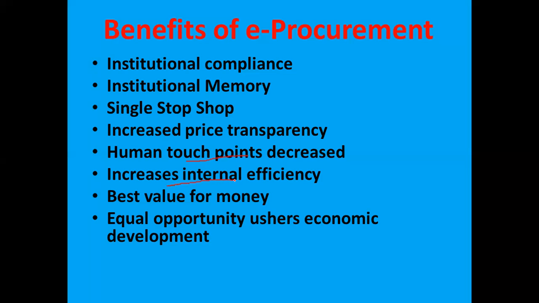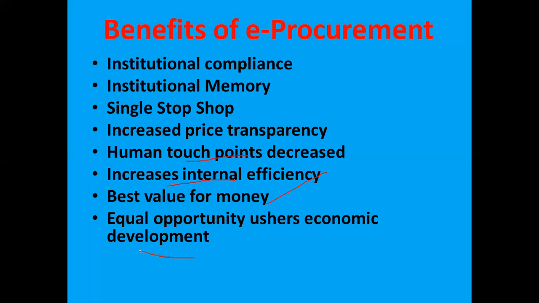Next, best value for the money. In the e-procurement process, you can see the exact rates, the discount rates, and the information will be transparent. When the information is transparent, automatically we can save our money and give importance or value for the money. Next point, equal opportunity versus economic development.